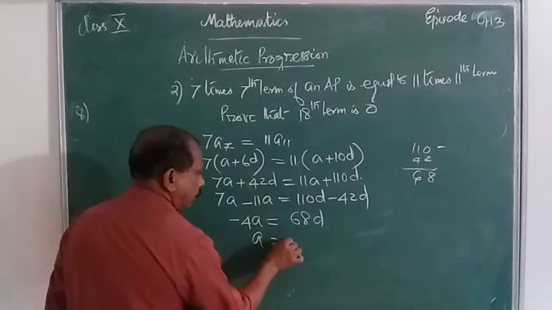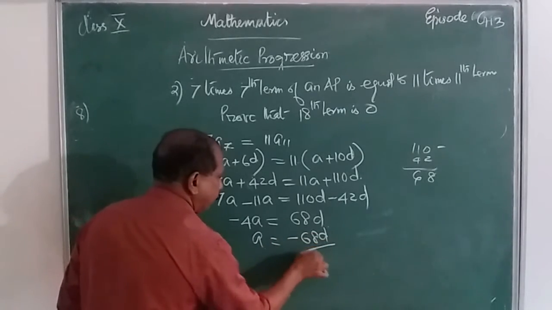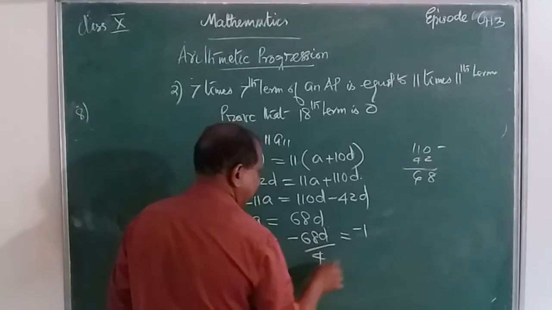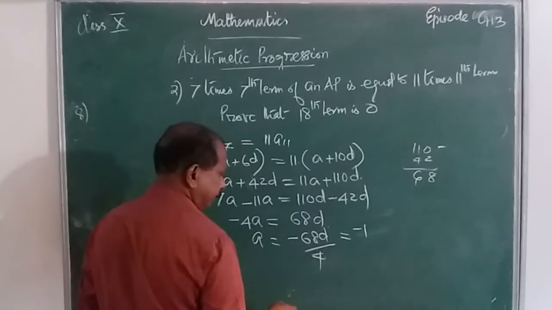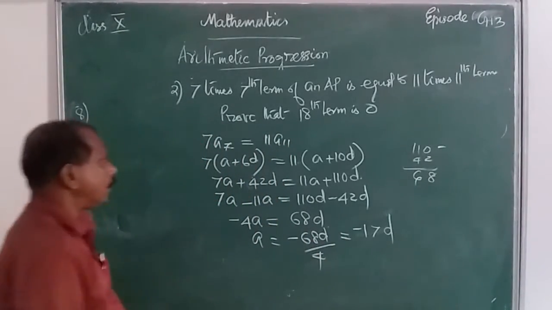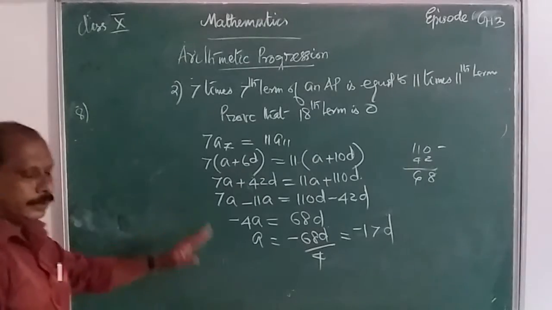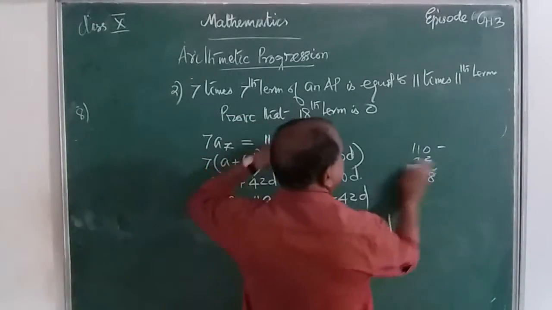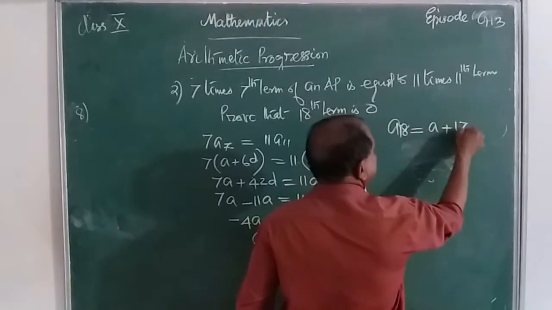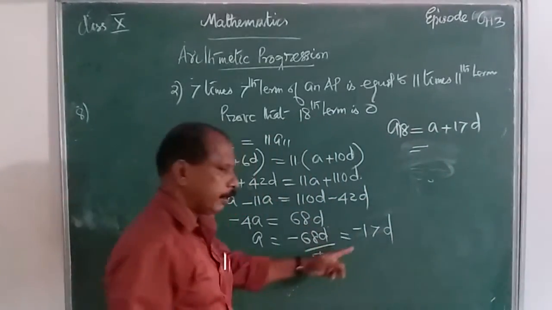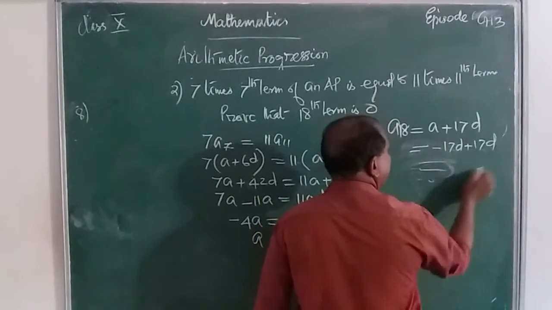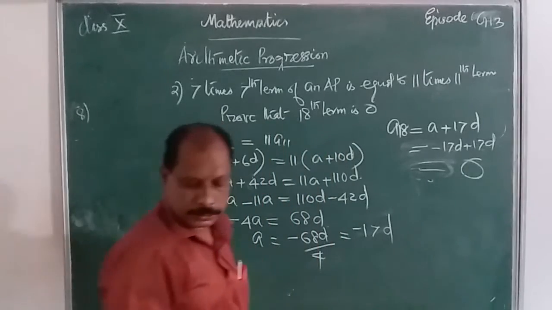Therefore, a is equal to minus 68d by 4, that is minus 17d. Clear? That is a is equal to minus 17d. Therefore, the 18th term, a18 is equal to a plus 17d. What is a? Minus 17d plus 17d is equal to what? 0. Therefore, this is the answer.